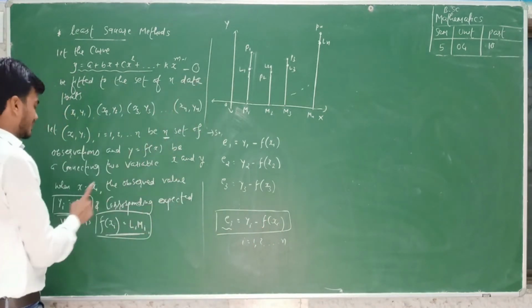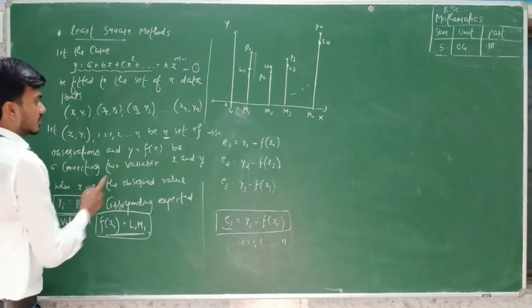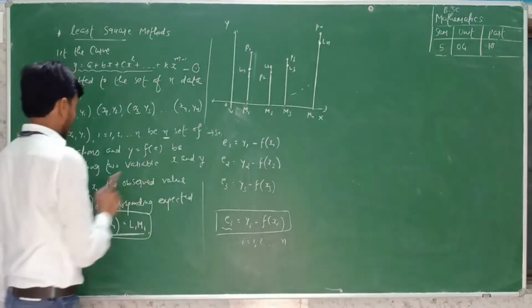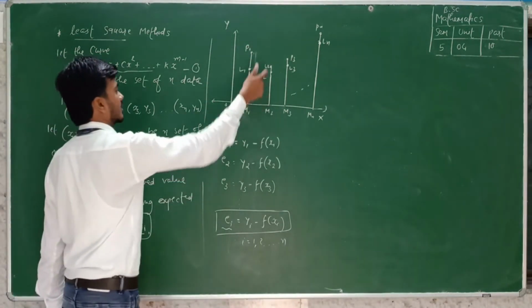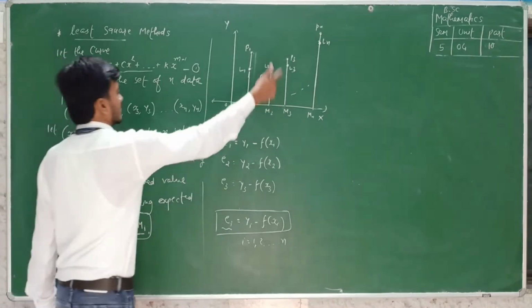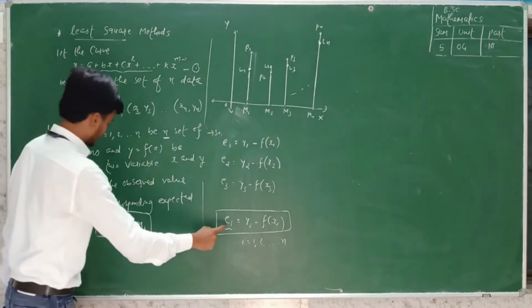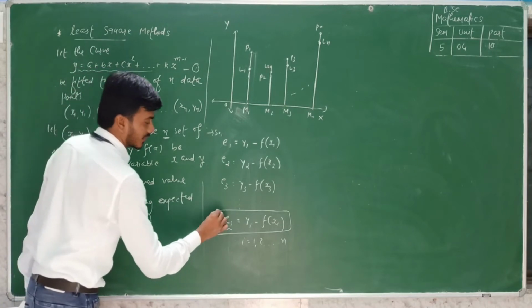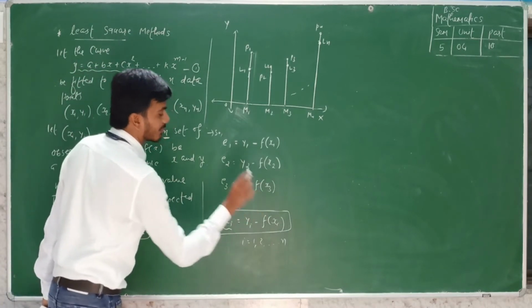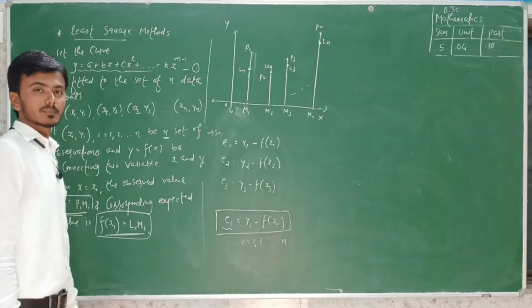When we put x is equal to x1, the error becomes e1. For x is equal to x2, another error, and for x is equal to x3, another error. Whenever we put x is equal to xi, the error is ei is equal to yi minus f of xi.